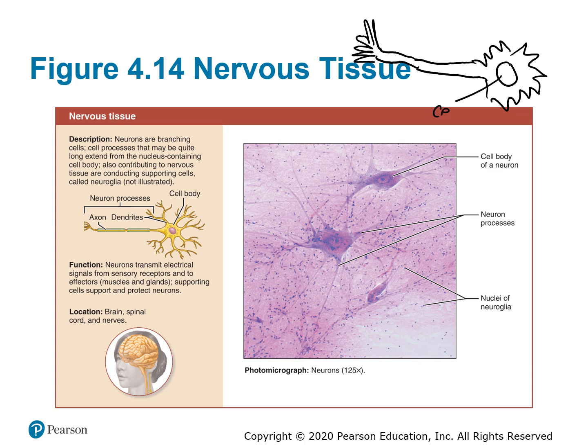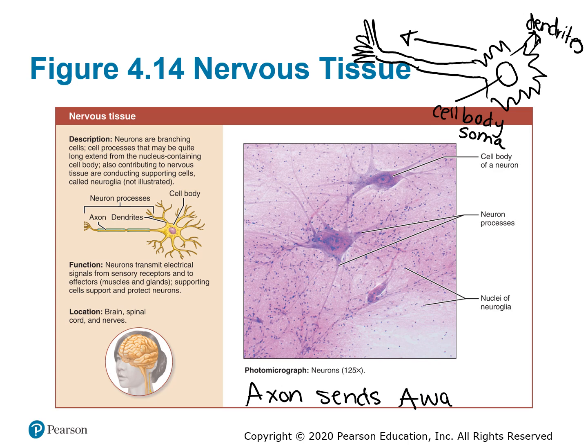Your cell body, also known as the soma, the dendrites, which are tree-like projections that pick up an electrical signal, and then the axon, which sends the signal on its way. And you can remember those by axon, sends away. Use those A's. Okay? Axons send things away.